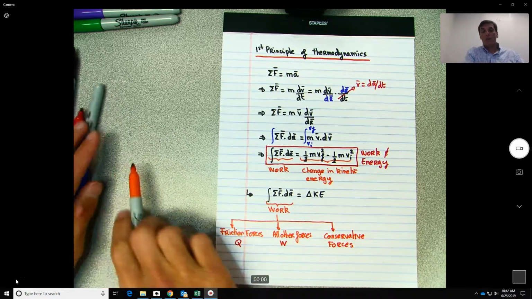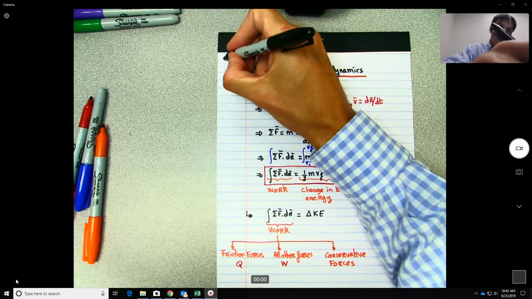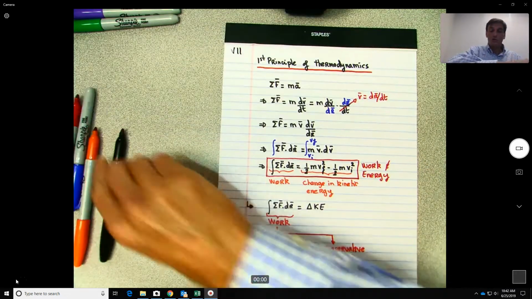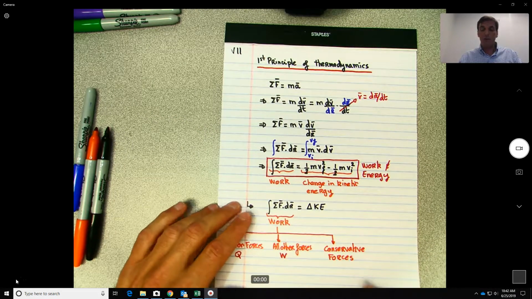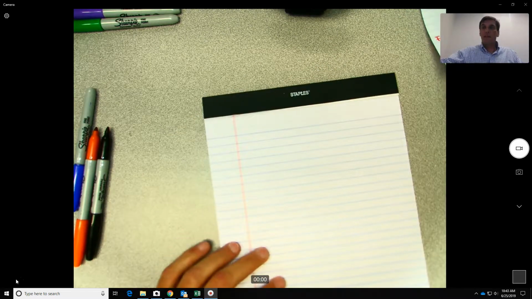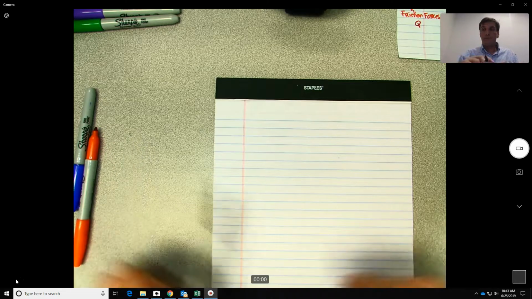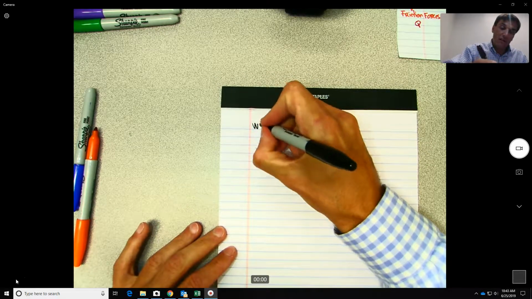Okay, so without getting into too many details about the conservative forces, I'm just going to do a very quick derivation for 2 types of forces that you are familiar with. So the first one will actually be the weight.